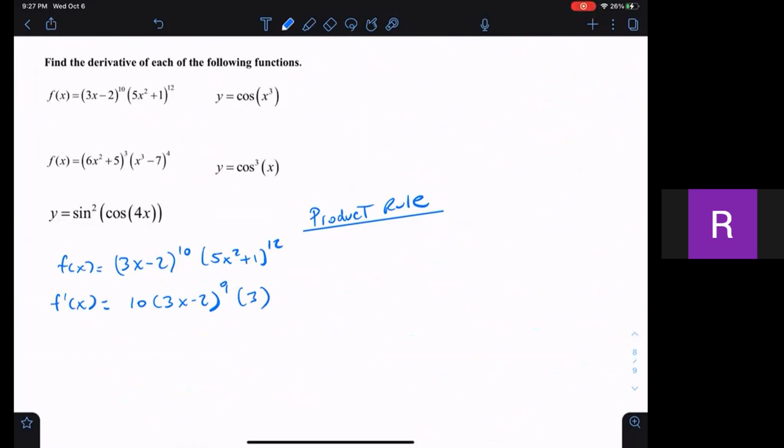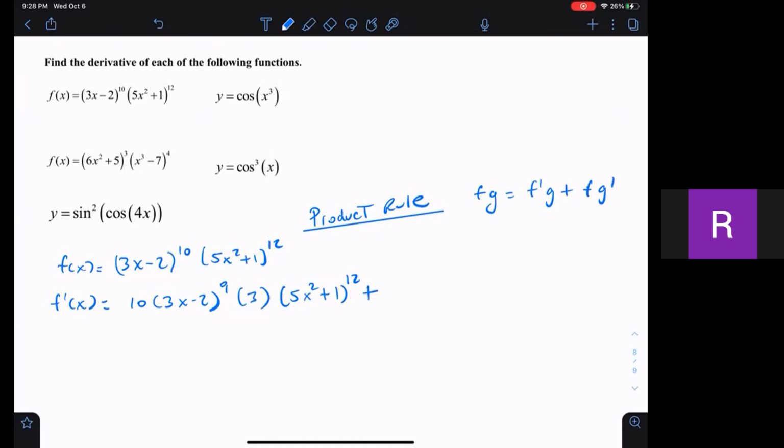Because of the chain rule, right? And then we have to do the other term, the (5x squared plus 1) to the 12 power stays the same. So this is plus, remember this is f g, right? Equals f prime g plus, well, you can say f g prime, right? You can do that. That's the product rule.